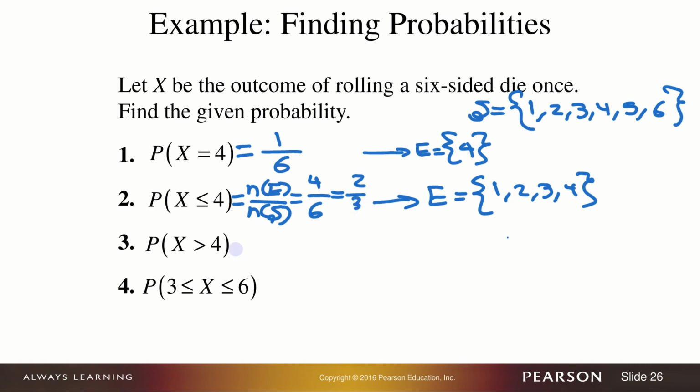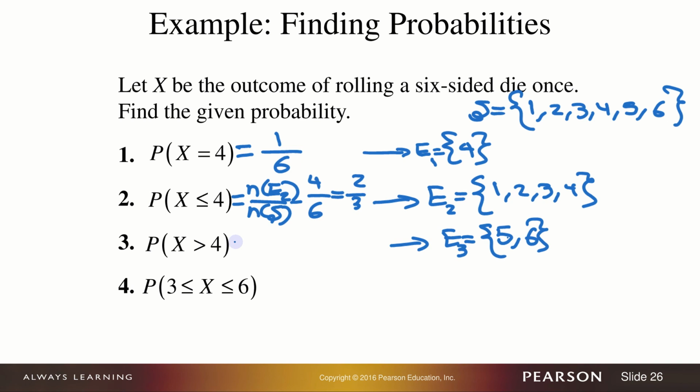What if x is greater than 4? The probability that the outcome of the random experiment is greater than 4. If you don't want to get confused, you can call these different events, like event 1, event 2, event 3. So event 3 would have the outcomes, remember, this is strictly greater than 4, so 5 and 6 would be the only such numbers.